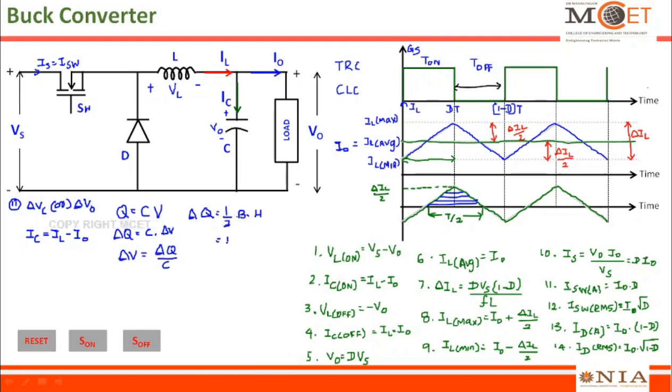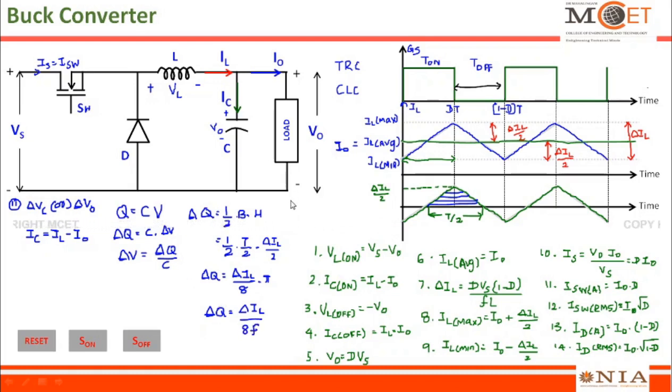Half into breadth is T by 2, and the height is delta IL by 2. So delta Q becomes delta IL by 8 into T. This T I can write as 1 by F, because the time period is inversely proportional to the frequency. So delta Q is delta IL by 8F.